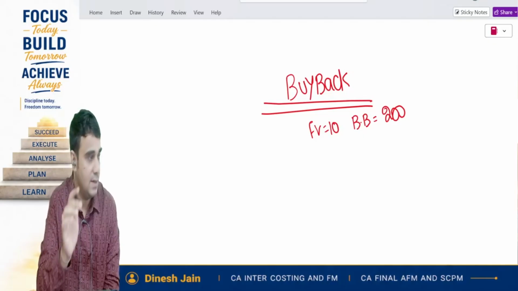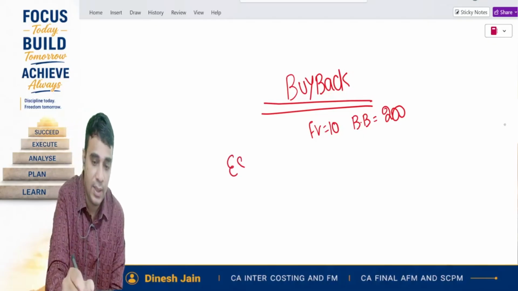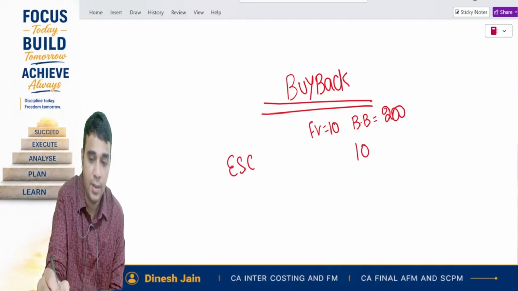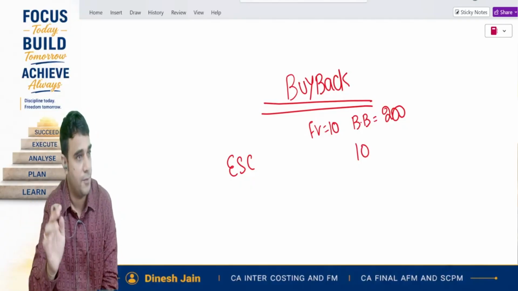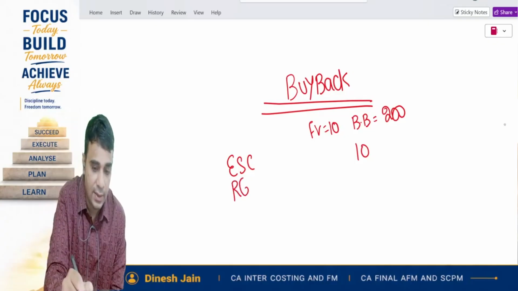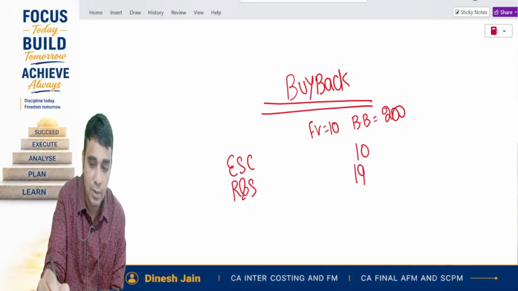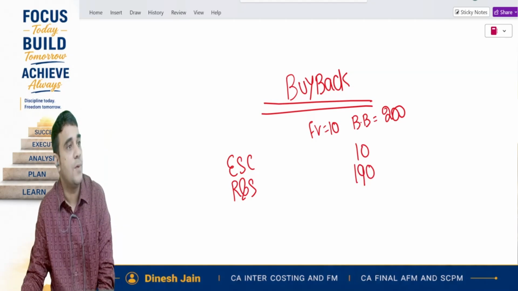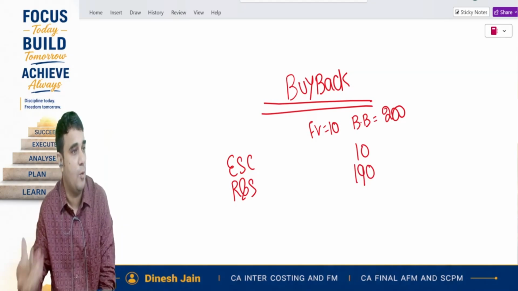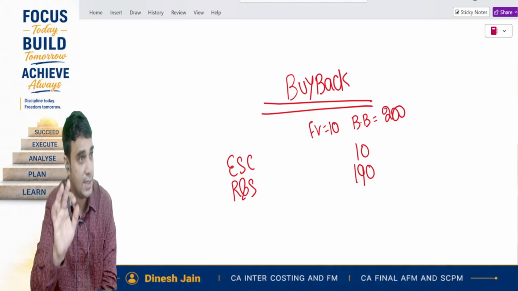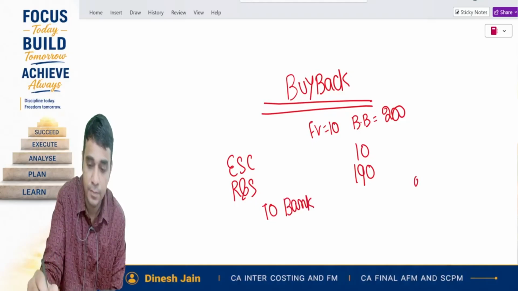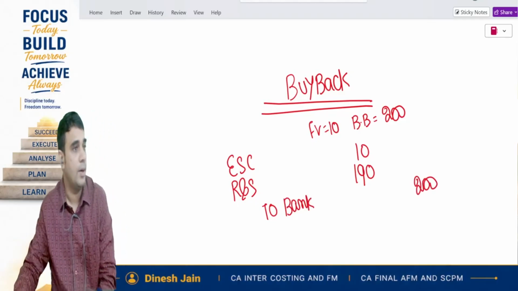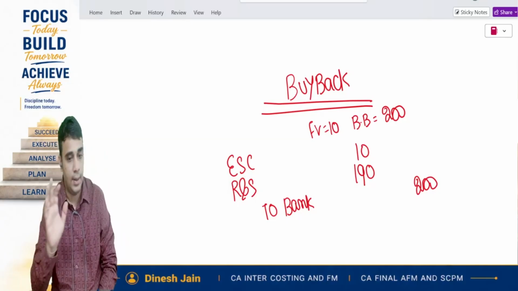When this happens, we will pass a journal entry: equity share capital 10, to cancel the share, into whatever number of shares. Reserves and surplus will be reduced from reserves, whichever reserve, general reserve, P and L, whatever the concept says, to bank account 200.